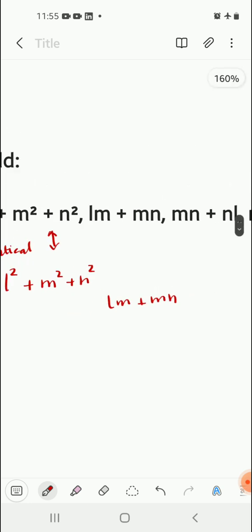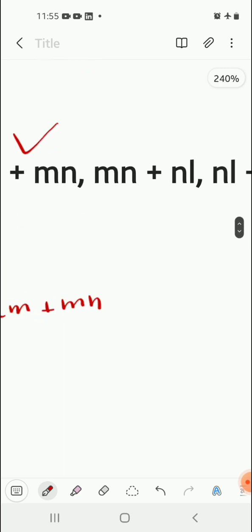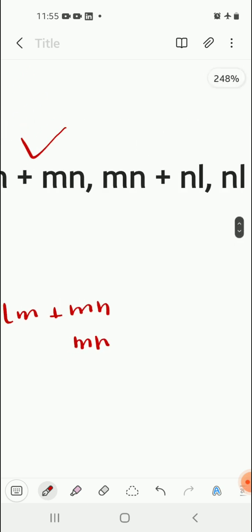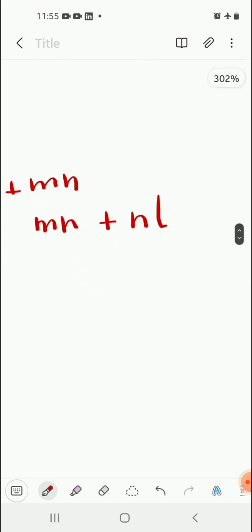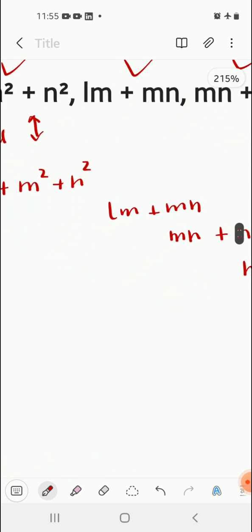The third one, Mn and Nl. Under Mn, we are going to write Mn and Nl separately because there is no Nl over here. Then we move to the last one, Nl plus Lm. So again Nl over here and plus Lm. Under Lm we are going to write Lm.